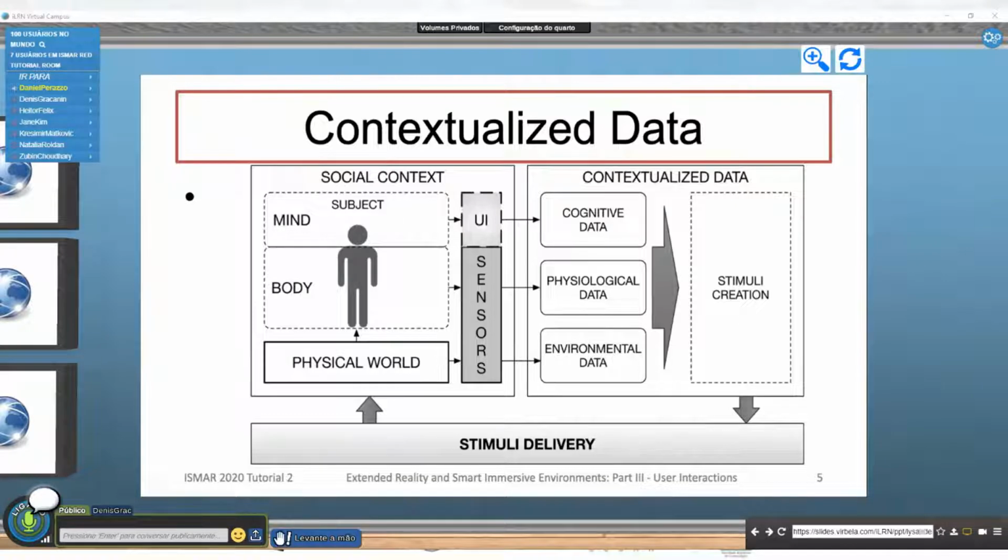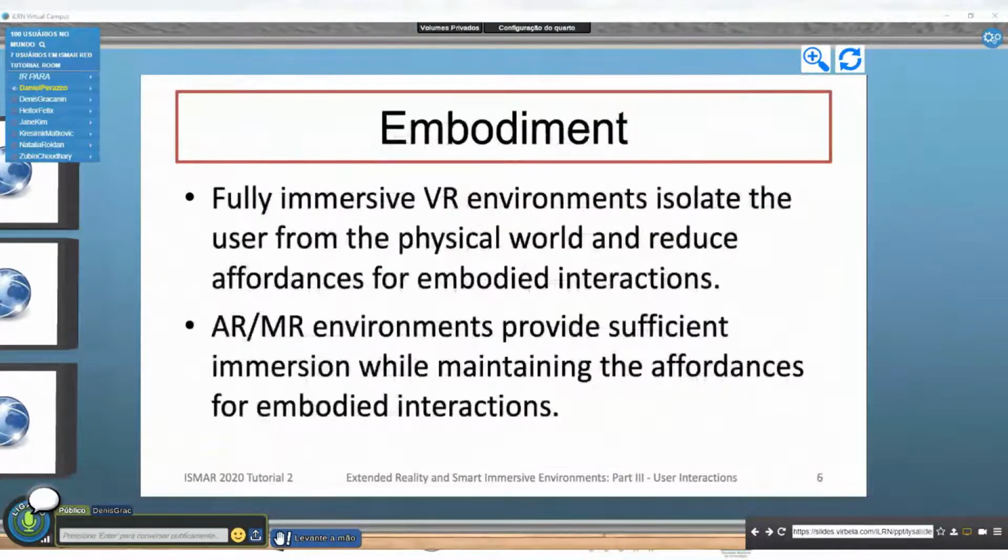So now the question is how embodiment fits there. In terms of embodiment, we need to distinguish different situations when it comes to extended reality applications.